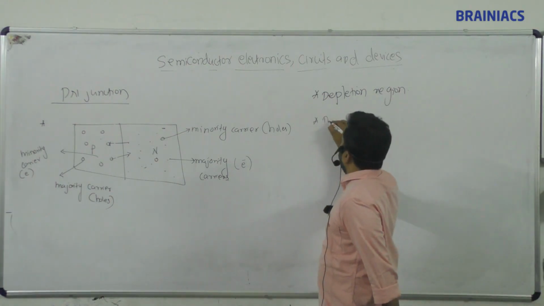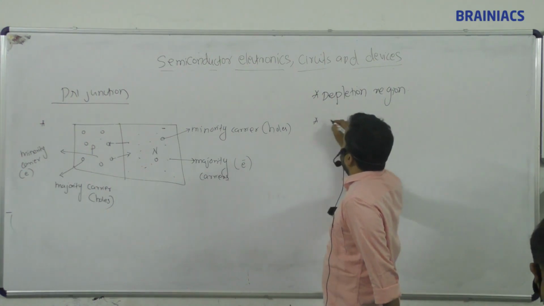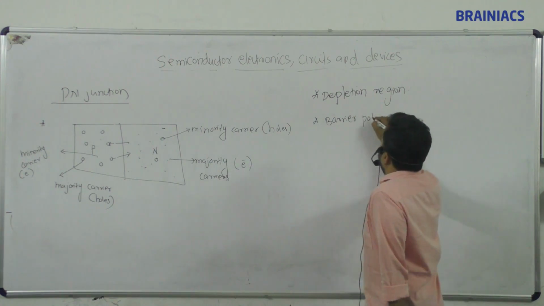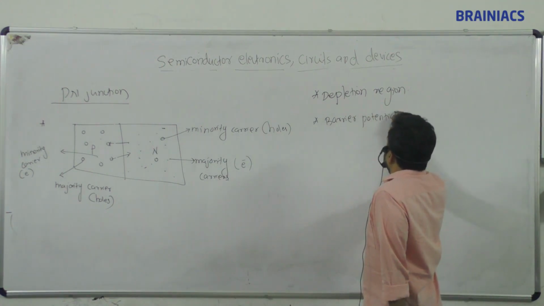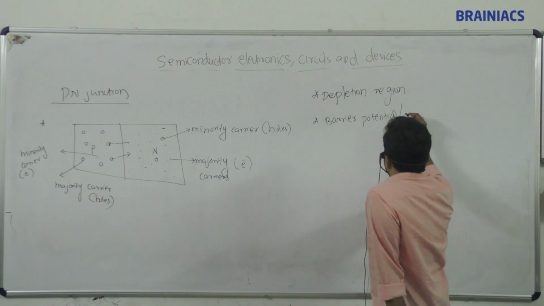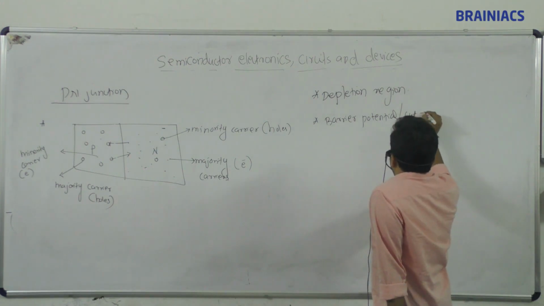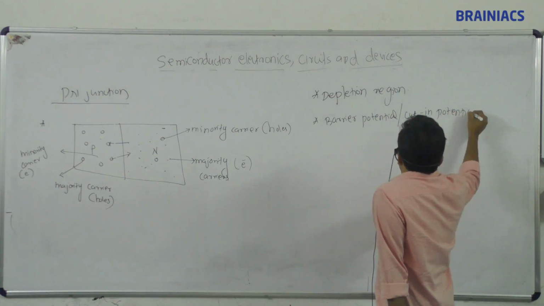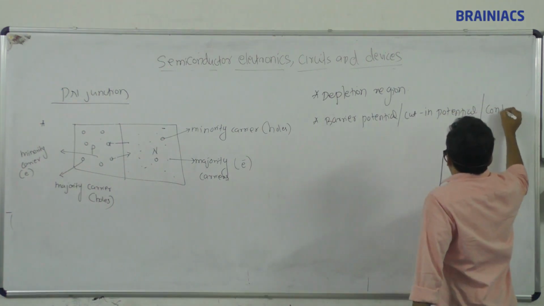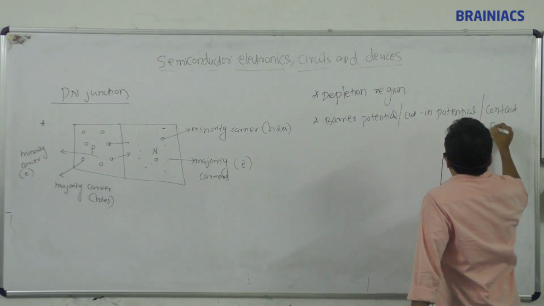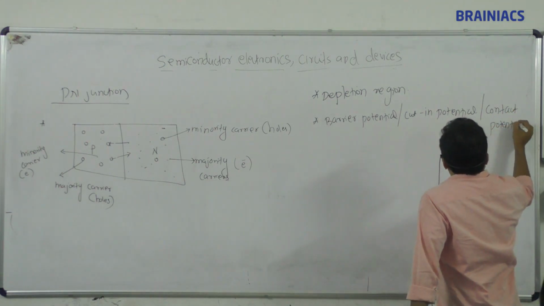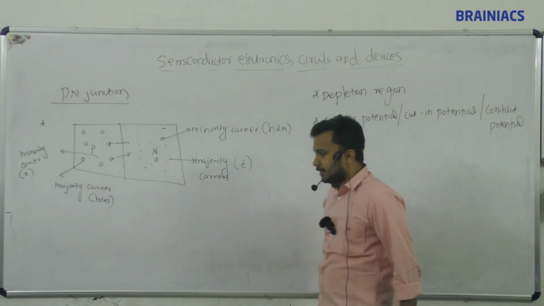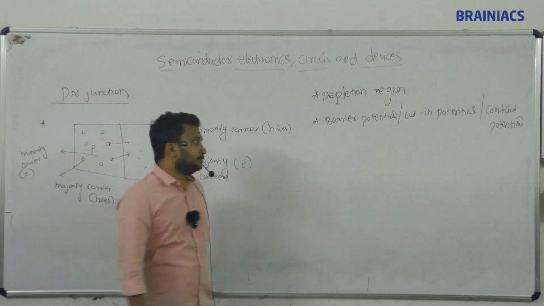Okay. The voltage at the depletion region is called barrier potential or cut-in potential or contact potential. This is called barrier potential, cut-in potential or contact potential.